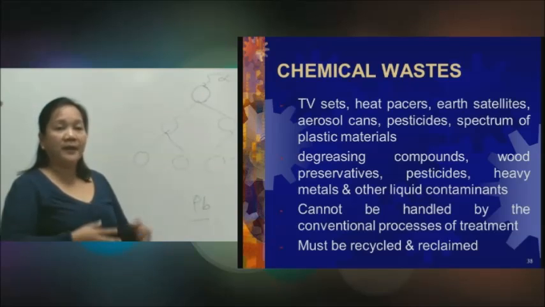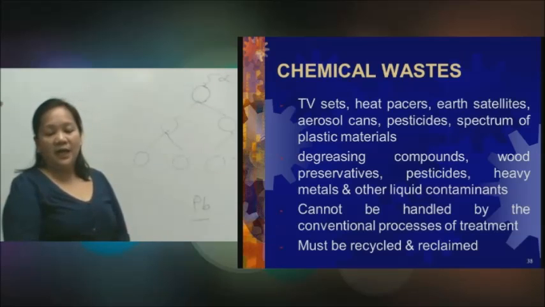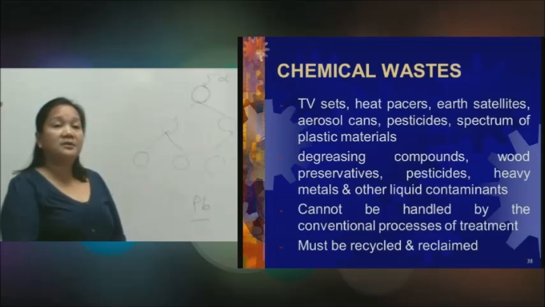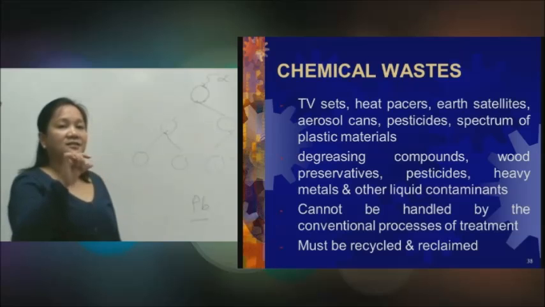Now, you may also have small ones. In industry, the most common problem are the containers of solvents as well as containers of paints. If you have a container of paint with hardened paint, that is already classified as hazardous waste.